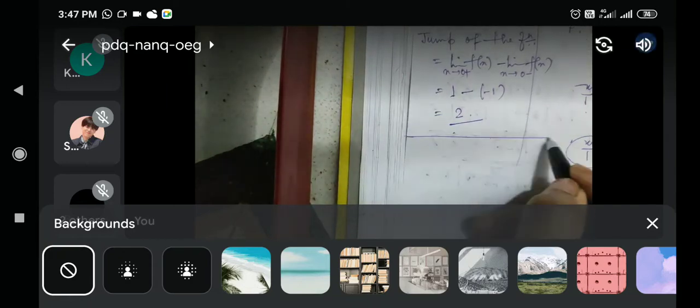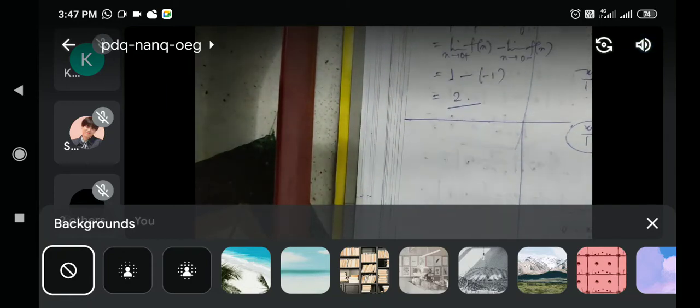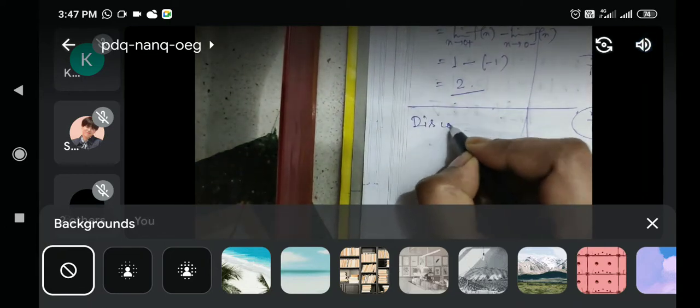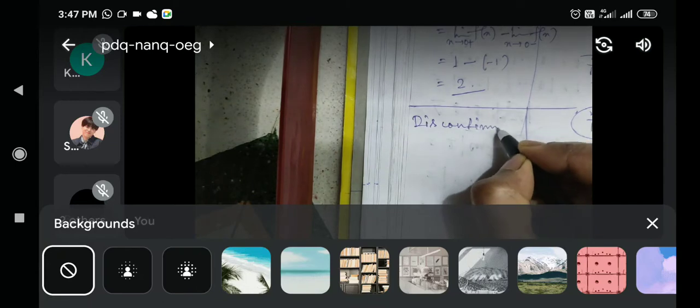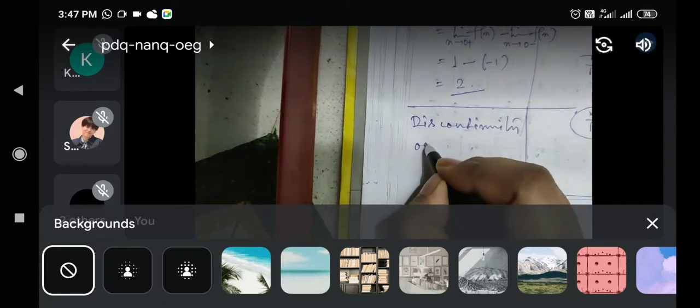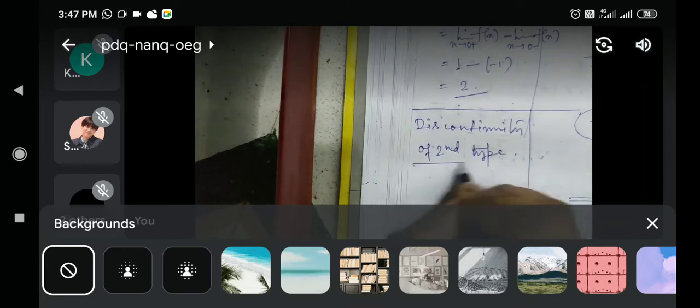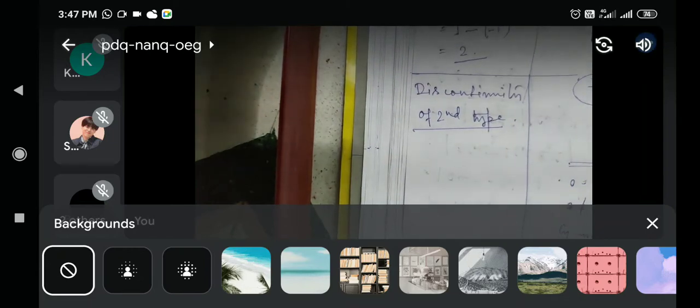The next type of non-removable discontinuity is known as discontinuity of second type. Okay, and what is the definition?